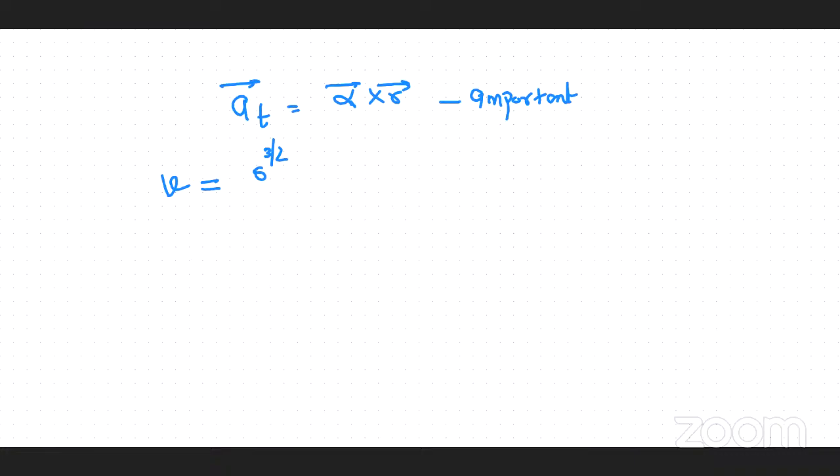So body follows this rule. Velocity at, and this s is the distance, and this is your velocity. So as the distance changes, the velocity adopts this rule. The question is, what is the value of tangential acceleration?